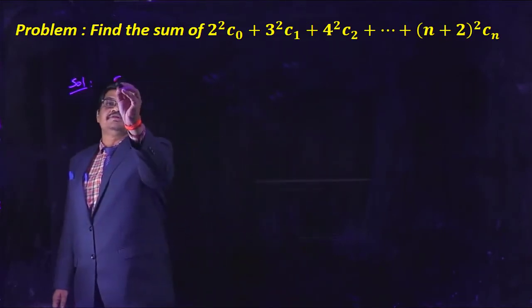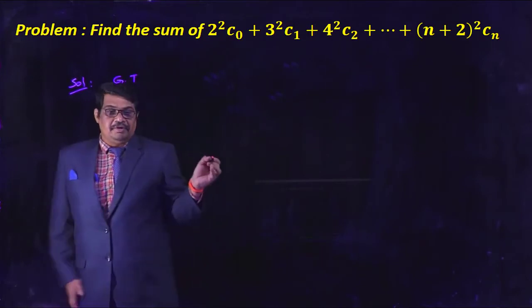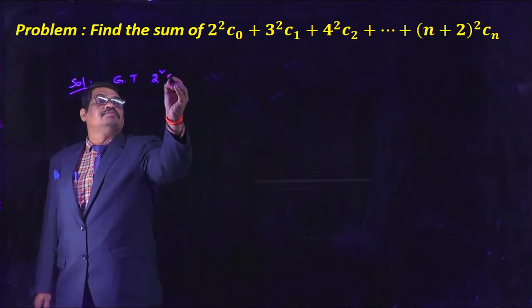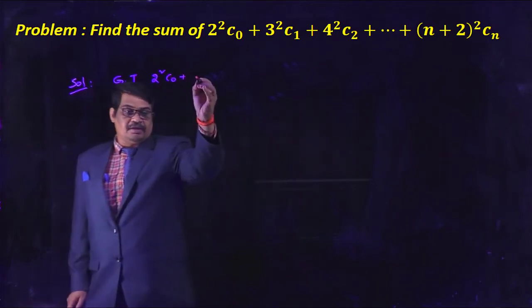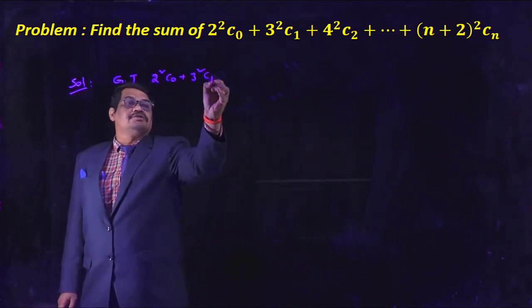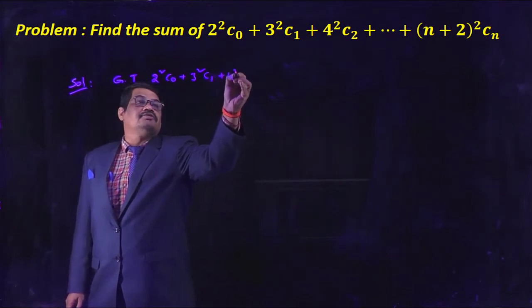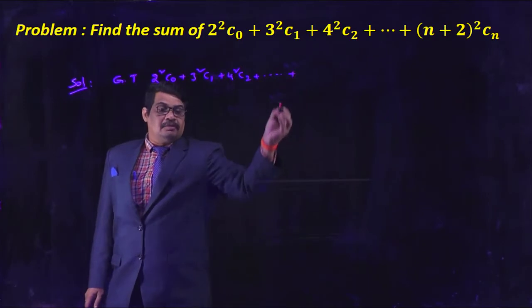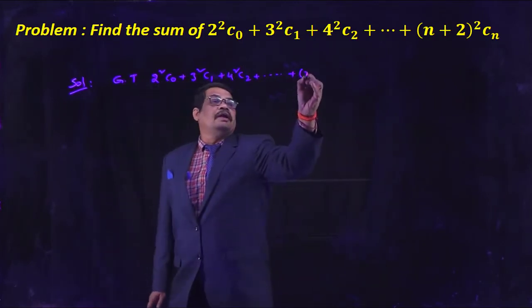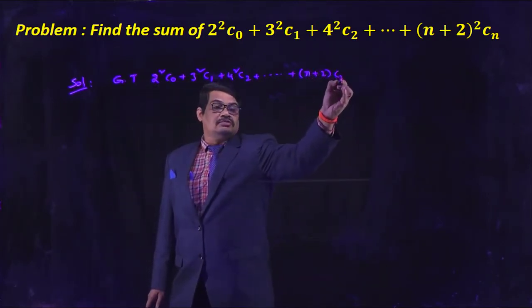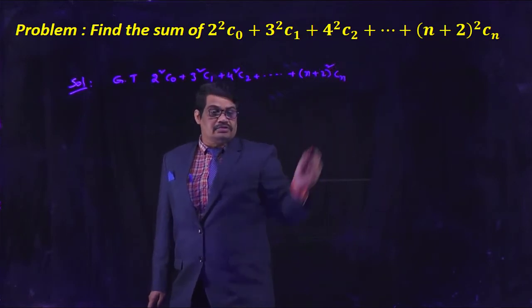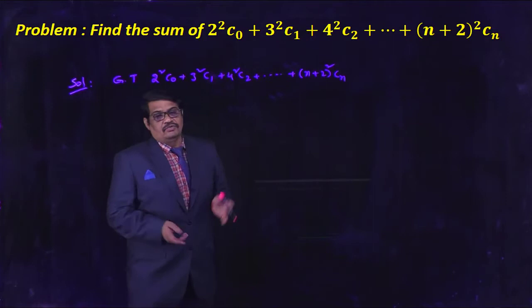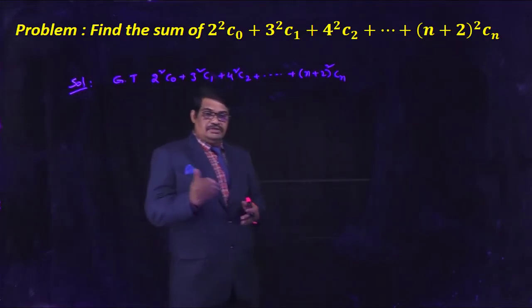We are given 2 square C0 plus 3 square C1 plus 4 square C2 and so on plus (n plus 2) whole square Cn. That is the given series. Now I have to find the sum of the series.